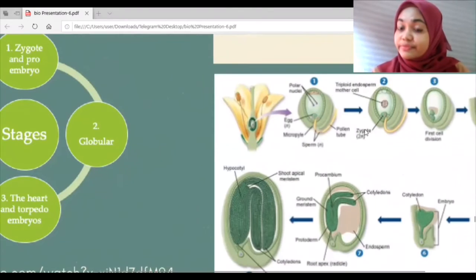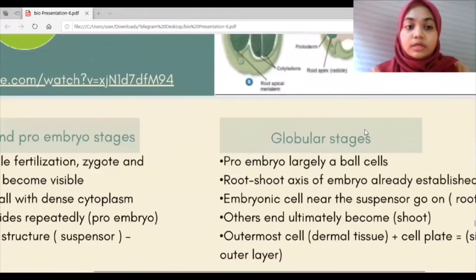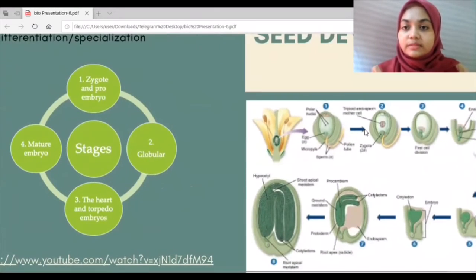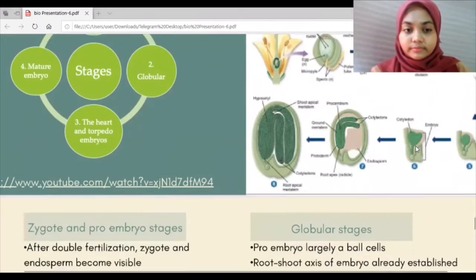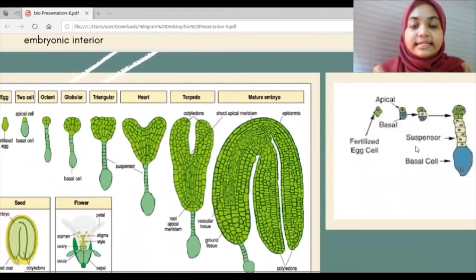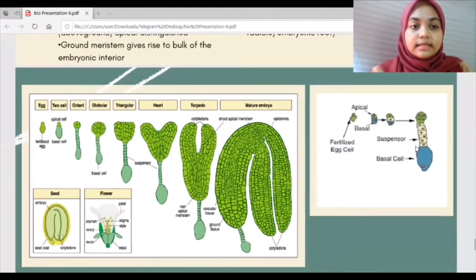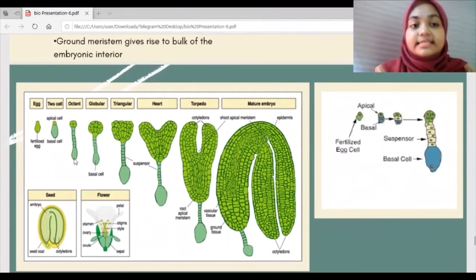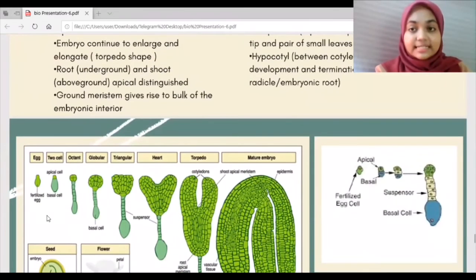Next, the zygote is small with denser cytoplasm. You see this, the red one, the denser cytoplasm, and this is the zygote. This is the fertilized egg, and this is the apical cell and the basal cell of the zygote.